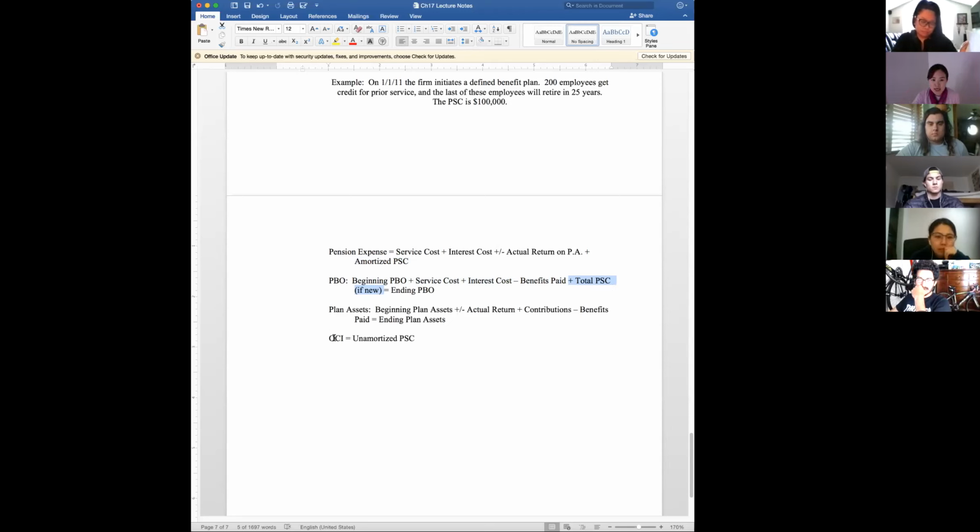And then OCI will have the remaining prior service costs that haven't made their way to the pension expense yet. Therefore, OCI will have an unamortized prior service cost balance.